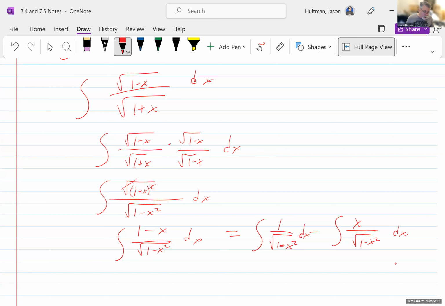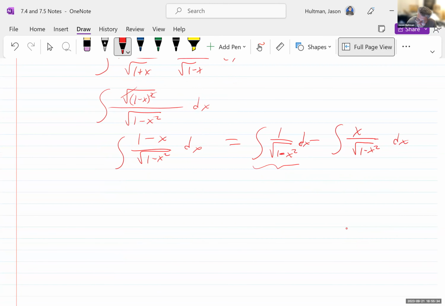Okay, why do I break it up? Because I have to use two completely different strategies for each of these. This guy will integrate nicely to inverse sine. This is the inverse sine of x. Why? Because the derivative of inverse sine is exactly what is in the integral.